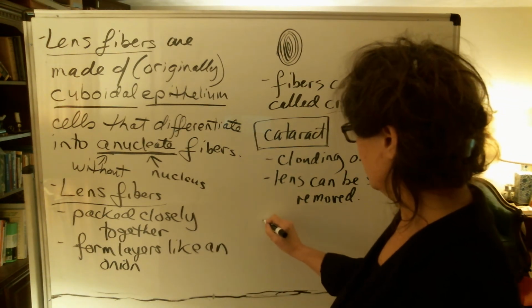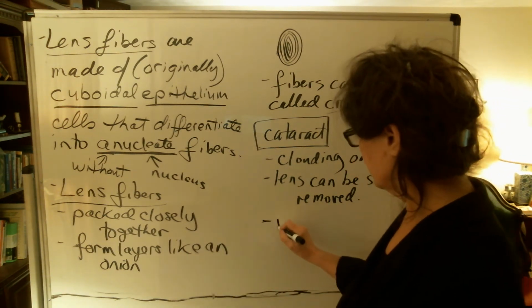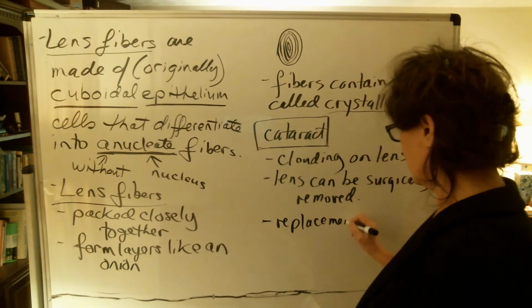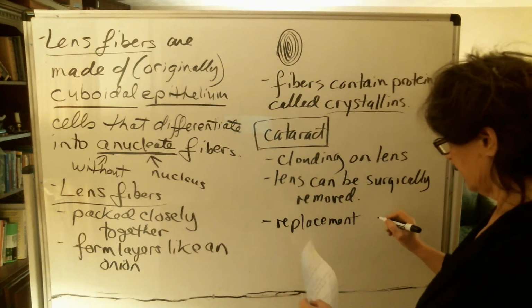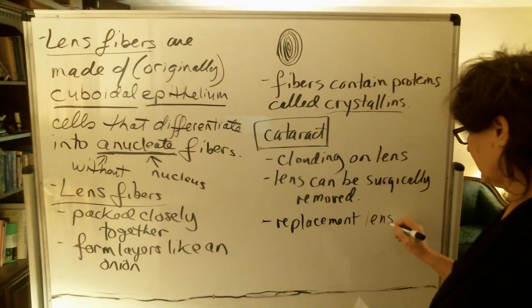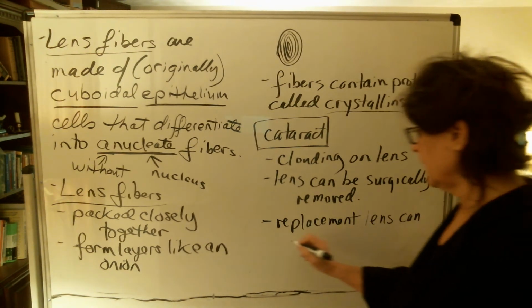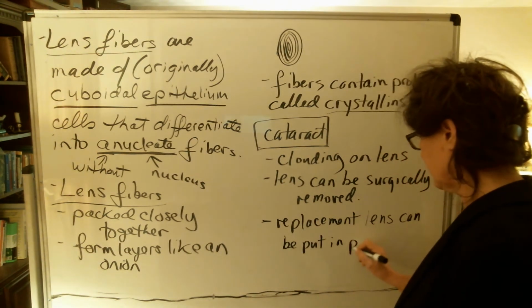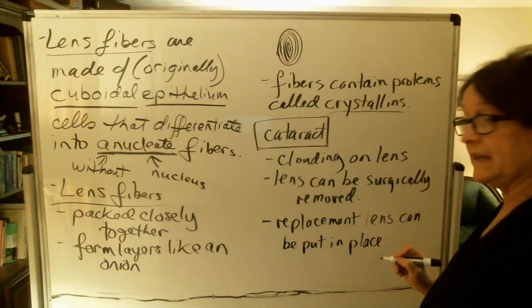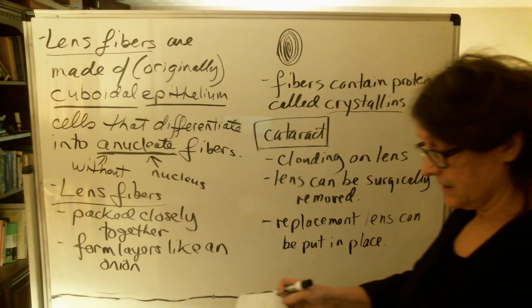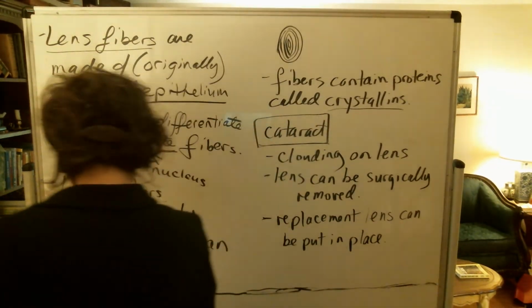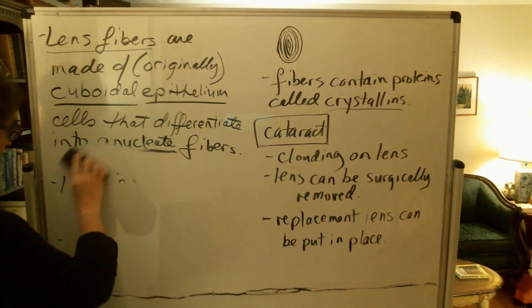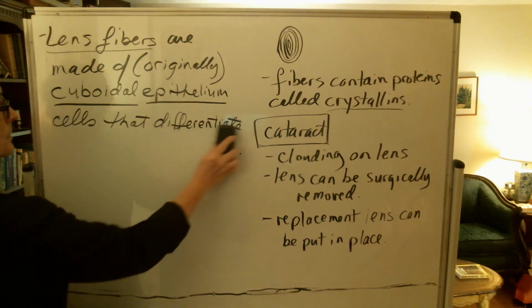These days, we do even better because a replacement lens can be put in place. So that's how we deal with cataract now. But I was talking about focusing, so we're going to get back to that now.